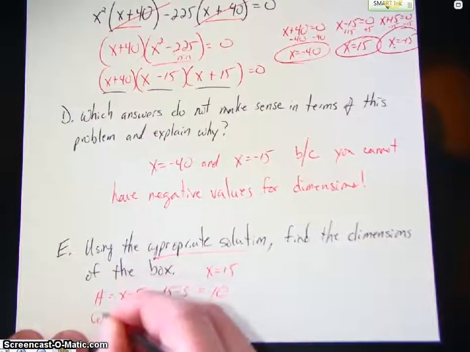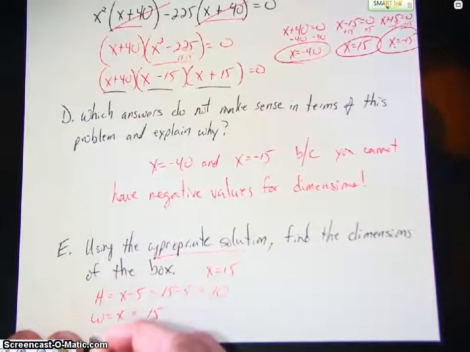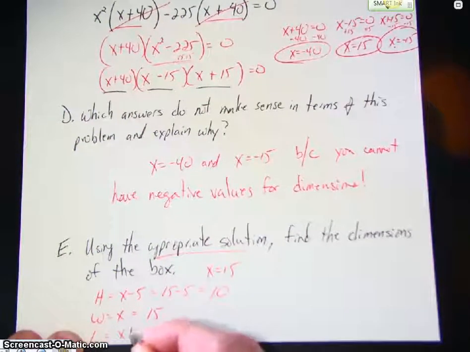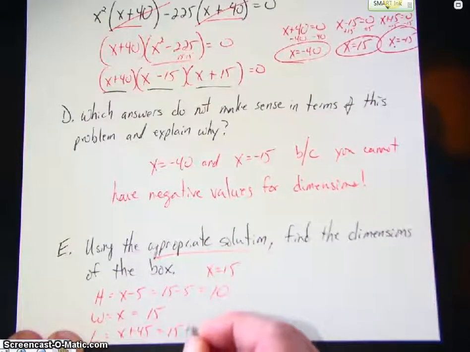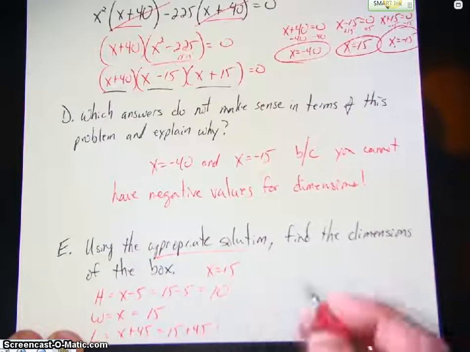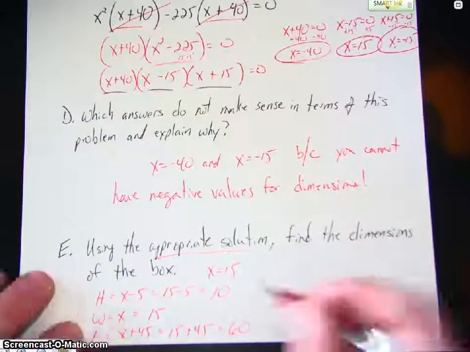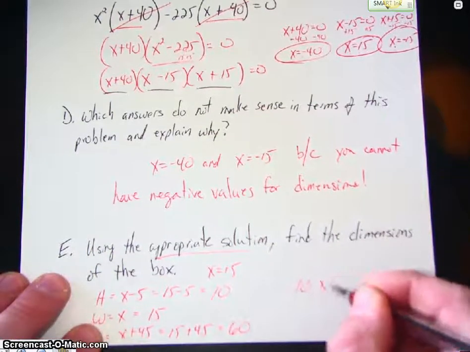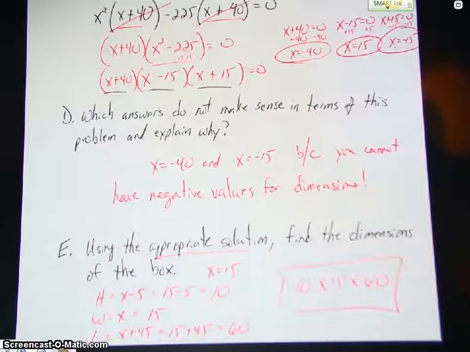The width is x, so therefore it's 15. And the length is x plus 45, and therefore that's 15 plus 45, so that gives me 60. So here are the dimensions. 10 by 15 by 60 is the dimensions of the box.